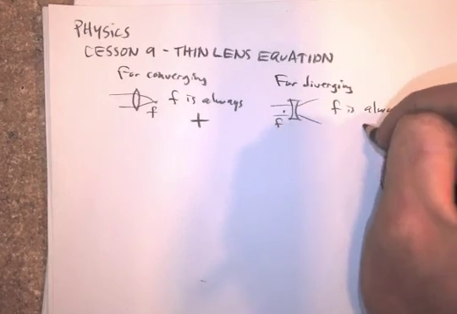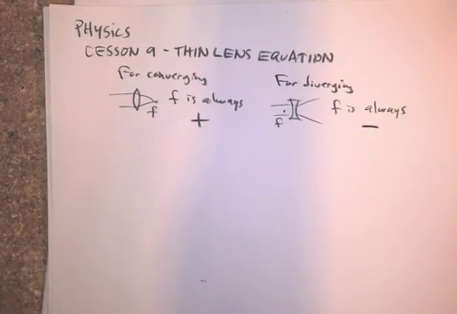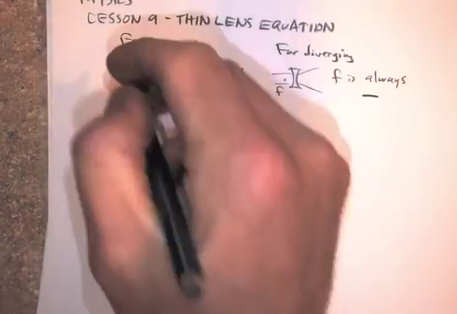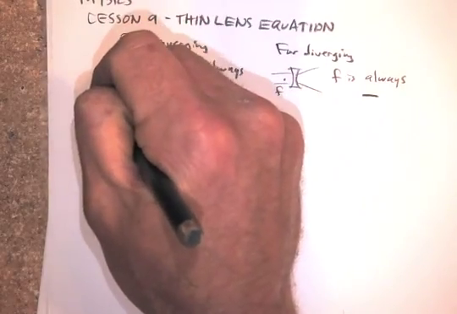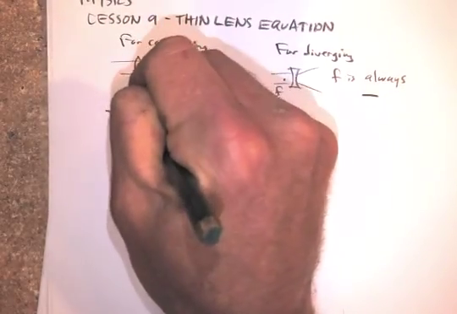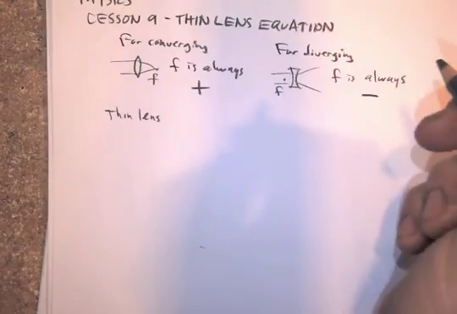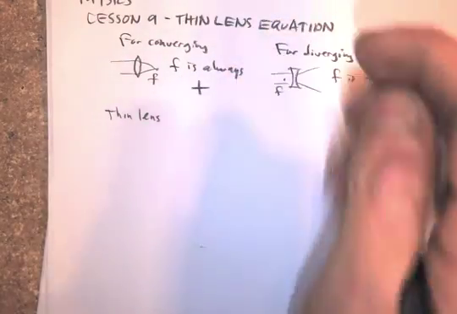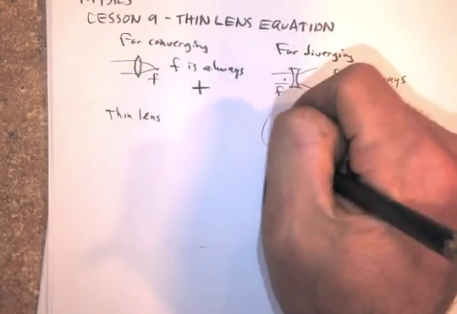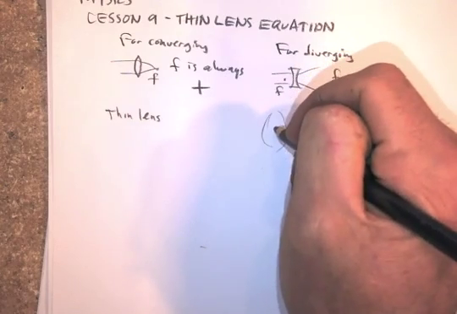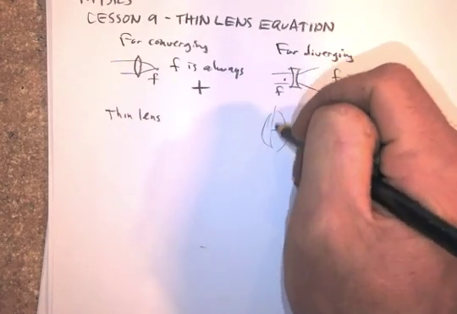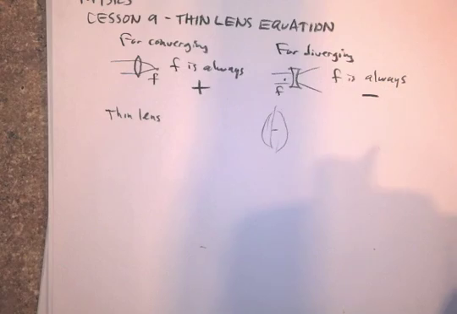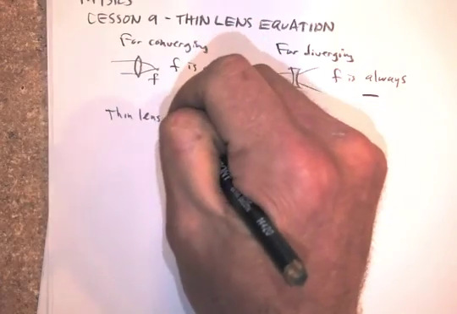So when you set these up, just make sure you do that, and then it's very similar to mirrors again. The thin lens equation. The reason it says thin lens is because this wouldn't work out so nicely if it was a very thick lens like this. We're talking about lenses that are pretty thin relative to how tall they are, and this equation works pretty much accurately as long as it's a relatively thin lens.